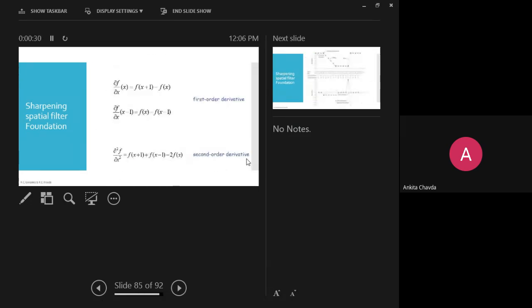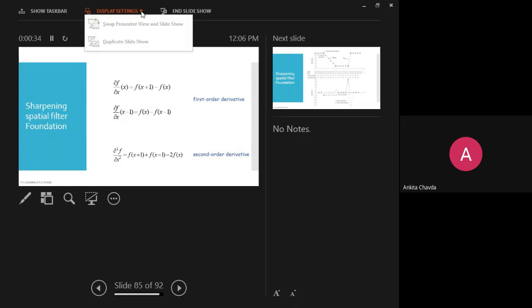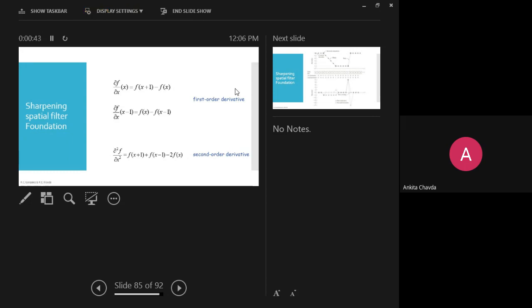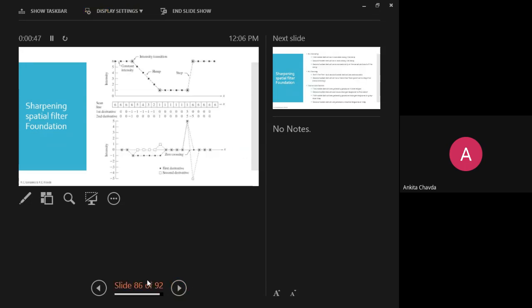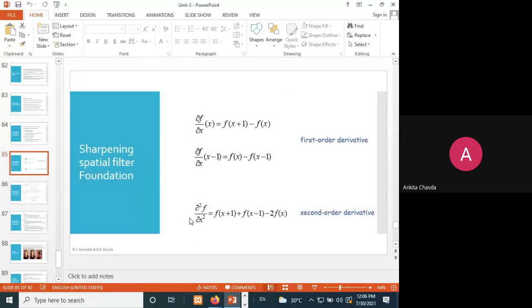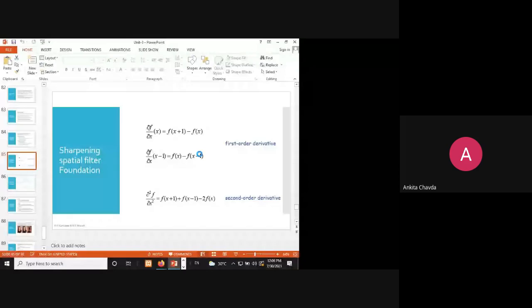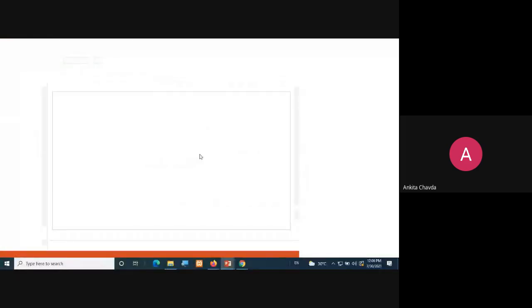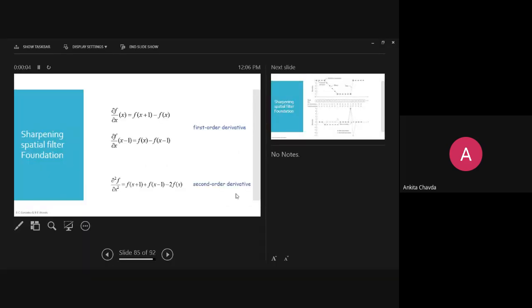It is not working now. Okay, fine, leave it. The arrow is not coming, but fine. On the projector screen, we were talking about that.